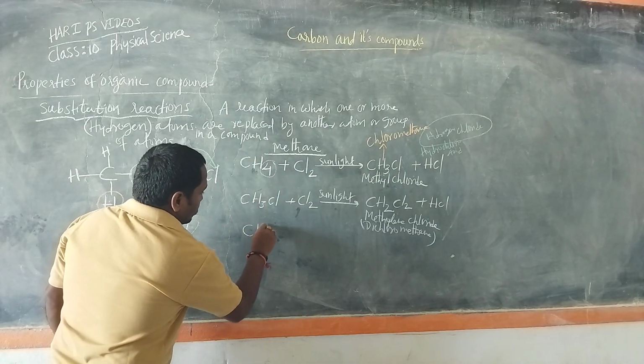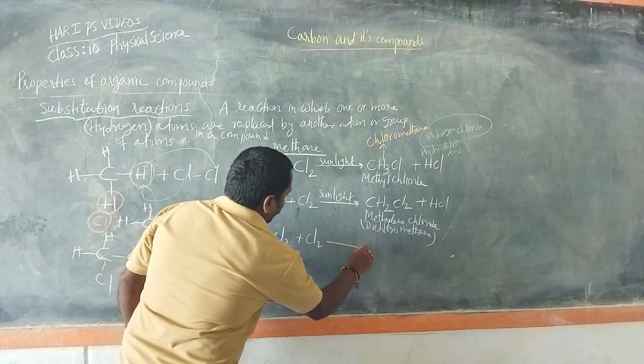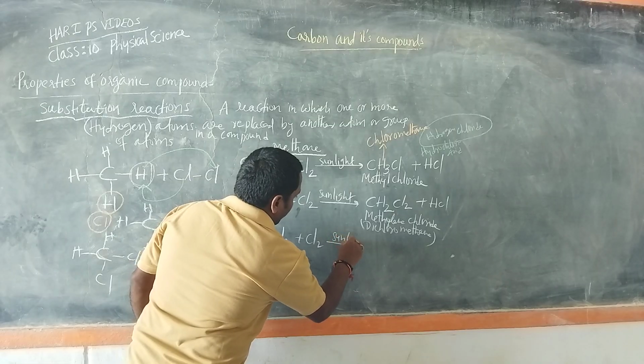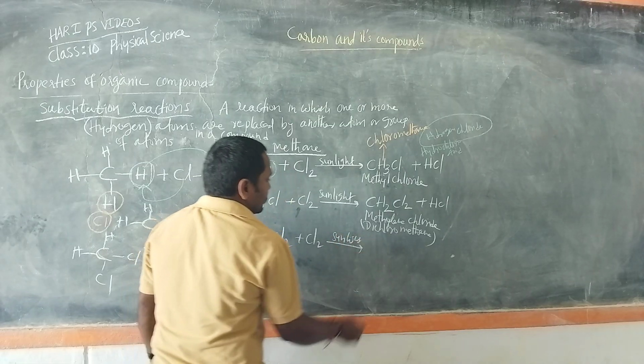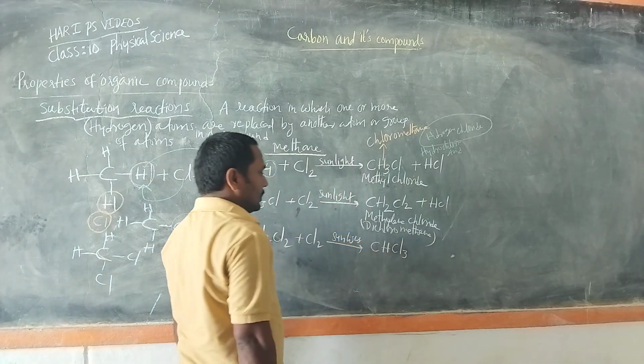Then CH2Cl2 reacts with chlorine in the presence of sunlight. It gives CHCl3 and HCl.